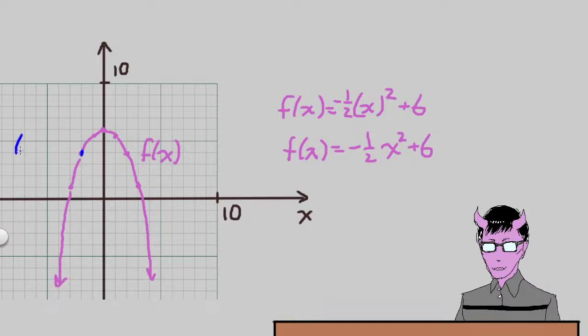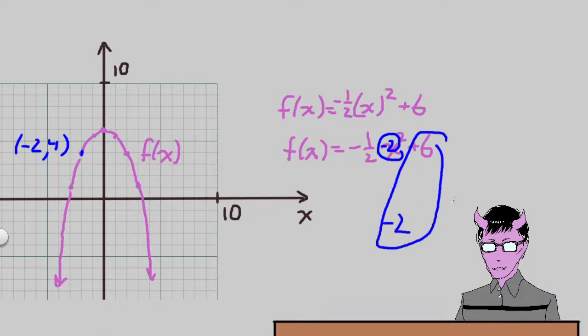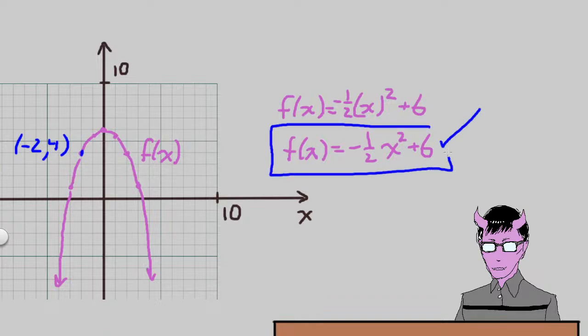So that point is -2, +4. Let's test. If you plug in -2 and you square it, that's 4. -half of 4 is -2. -2 plus 6 is +4. It is consistent, so looks legit to me. Final answer.